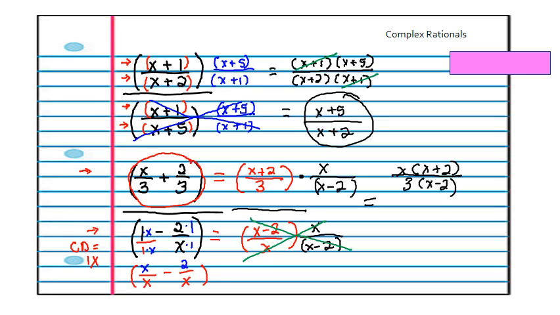Again, resist the temptation to do a bunch of distributing stuff because it's already factored up top, already factored down below. You just have to check to see if you need to do any canceling. And in this case, it is a no. Love those ones. Okay, that's a short little simple one.